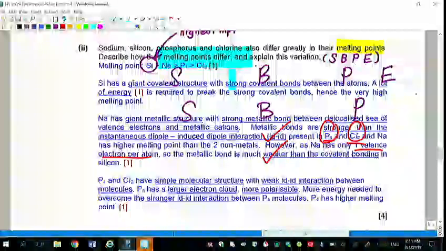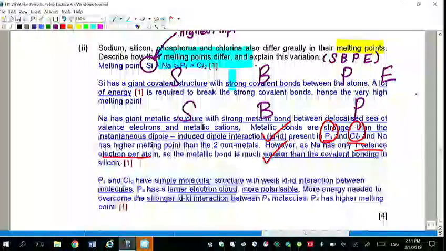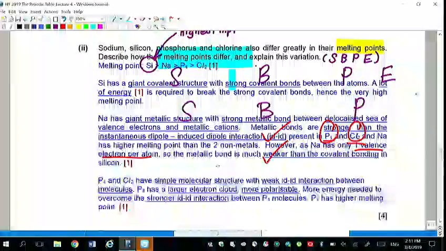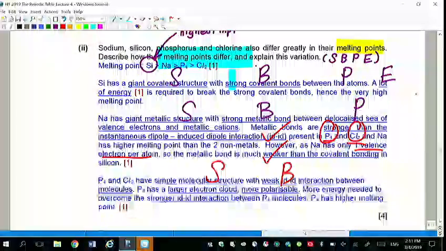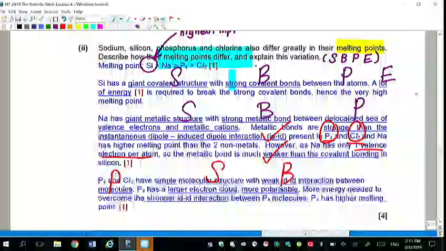Last thing, when you want to compare ID-ID interaction, I know that P4 and Cl2 have simple molecular structure. That is the structure. Bonding is your weak ID-ID interaction. Particles is between molecules. When you want to talk about ID-ID interaction, you will compare the size of the electron cloud.